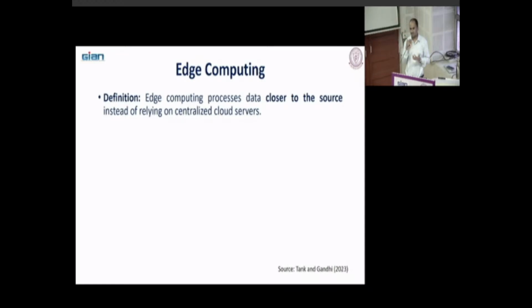Because of high latency and security issues, sometimes you need to process the data locally. The best example is the driverless car. You don't need to send the data to the cloud, and edge computing does that. It processes the data locally, near the edge of your device. That's why it's called edge computing.